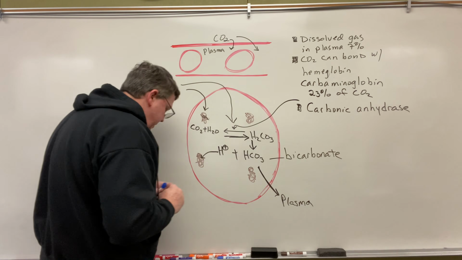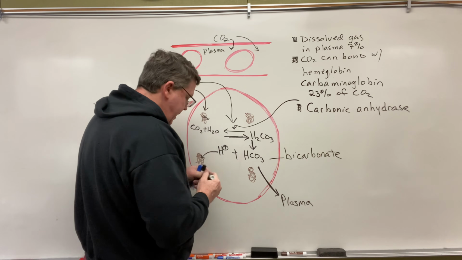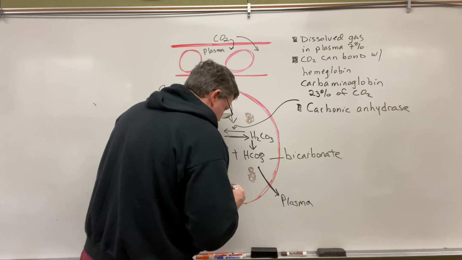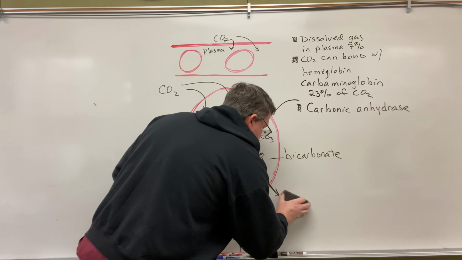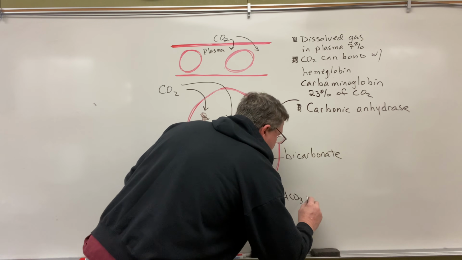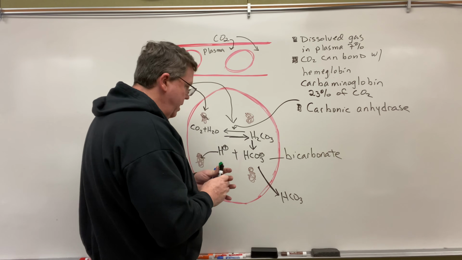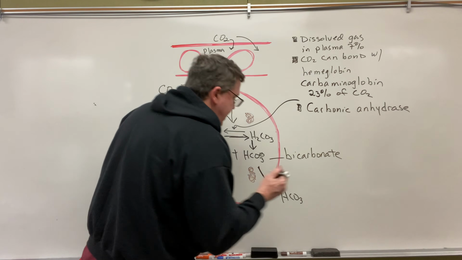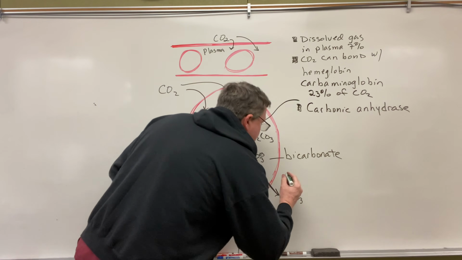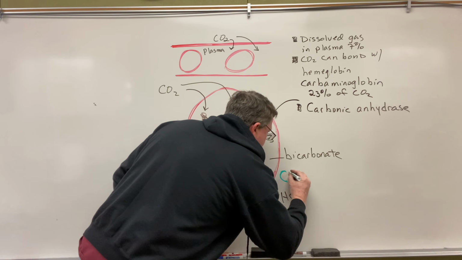When it does that, though, what we need to do is, this has a negative charge on it. So actually, I want to draw this a little bit better. My HCO3 is going to be in the plasma, okay? And then what's going to happen is, because this has a negative charge, I need to replace that anion, so I get a chloride ion now, with its negative charge.